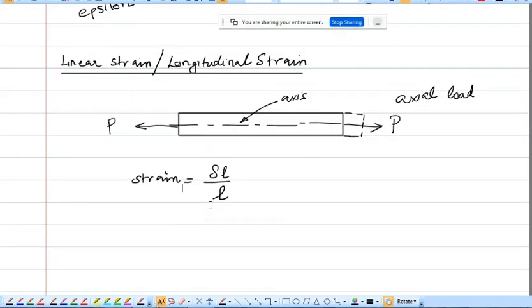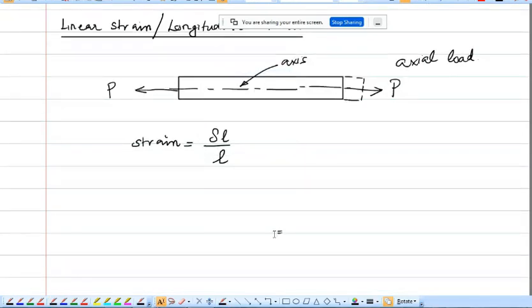To understand the linear strain, consider this body subjected to an axial pull. This force is acting along the axis of the body. According to the definition, the change in length to the original length is said to be a strain. So this strain is actually the longitudinal or linear strain.